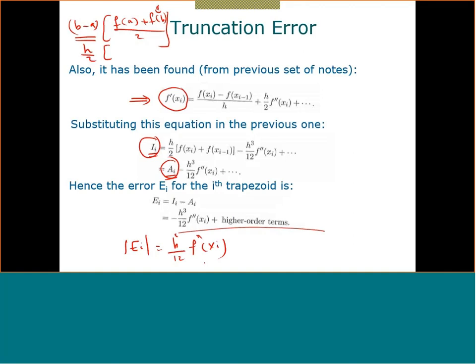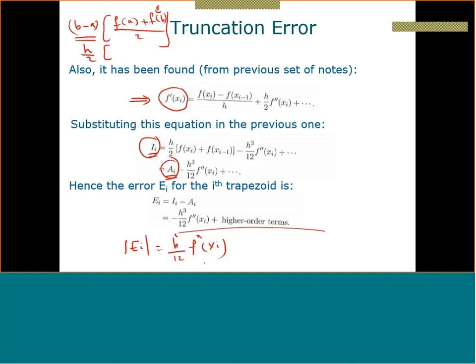So this is your error, h cubed over 12 times f double prime x of i, by ignoring the rest. But this is true for only one segment. Okay, let's move on.